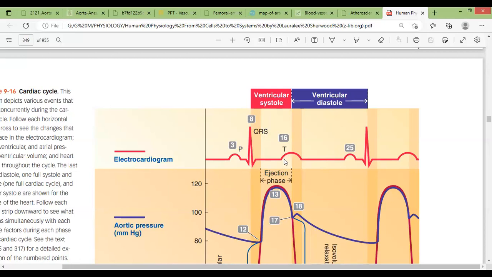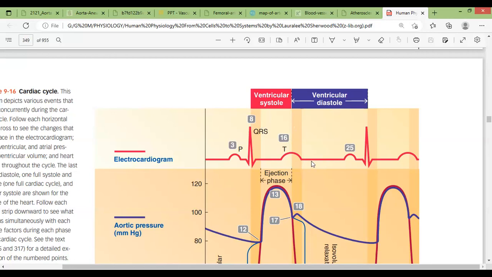Then after the muscles have contracted, repolarization is now occurring. Now the ventricles are relaxing and filling because they have finished contracting.